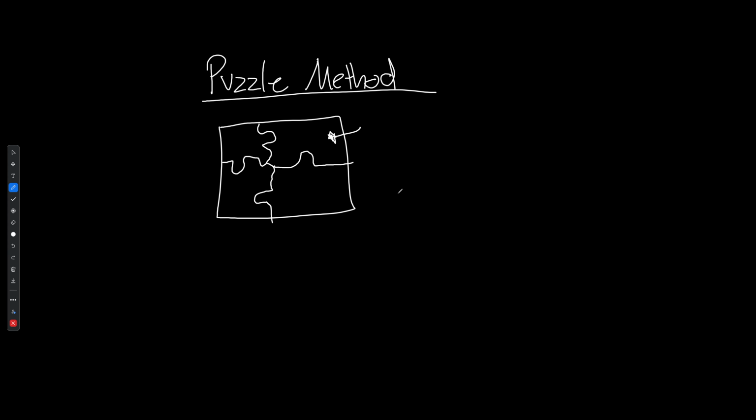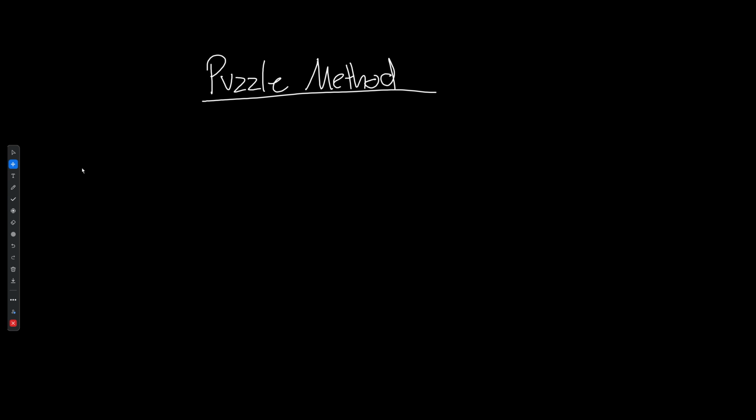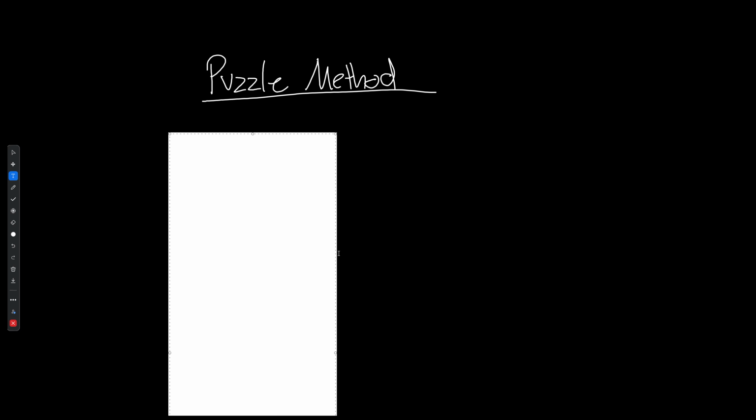This piece right here, the top right corner, that's the final piece. We're going to start with this piece, and then look at what this piece connects to in order to figure out how to actually solve the math problems that we're given. That's loosely why I call it the puzzle method. Like I said, it's not necessarily a real thing, it's just something that I'm making up. But it's going to be best explained with an example.